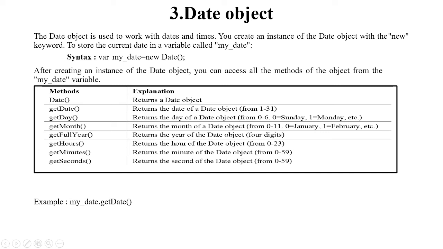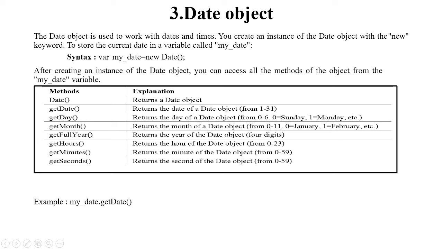getMonth is going to return the month of the date object, and getFullYear is going to represent the full format of the year of that specific date object, that is 4 digits. And getHours is going to represent the hour, that is 0 to 23 numbers. Why? Because, as we said, the index always starts with 0. And of course minutes, generally we have 60 minutes, so the numbering will begin from 0 to 59.